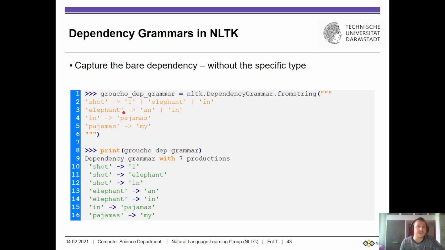So we can say shot may govern I, shot may govern elephant, shot may govern in, and we feed this string into an object that is called the dependency grammar.